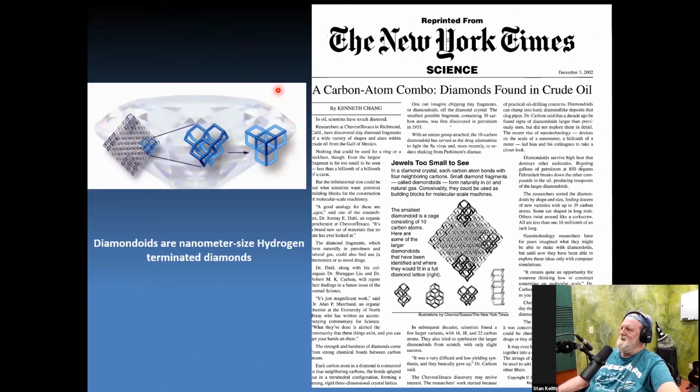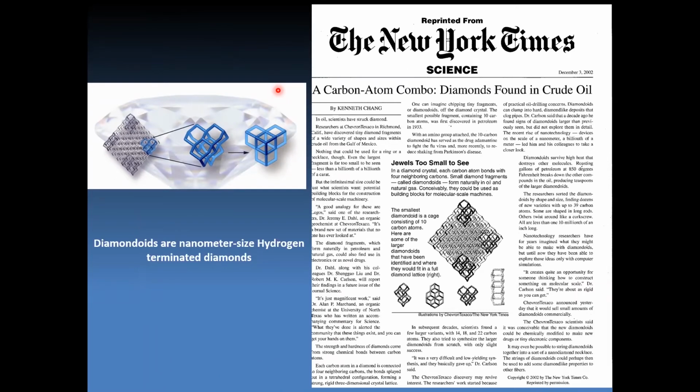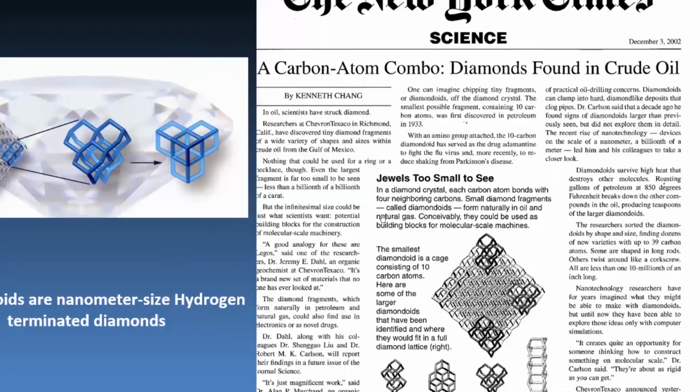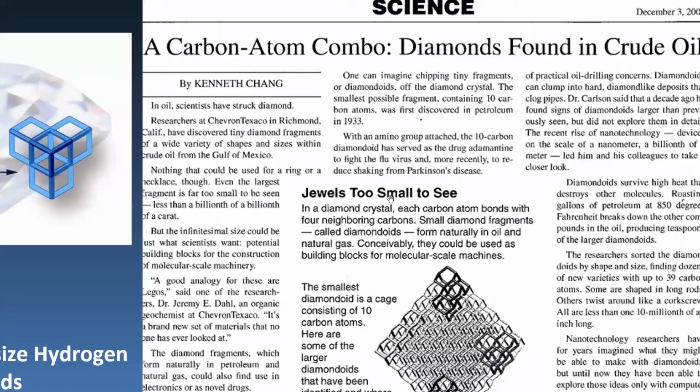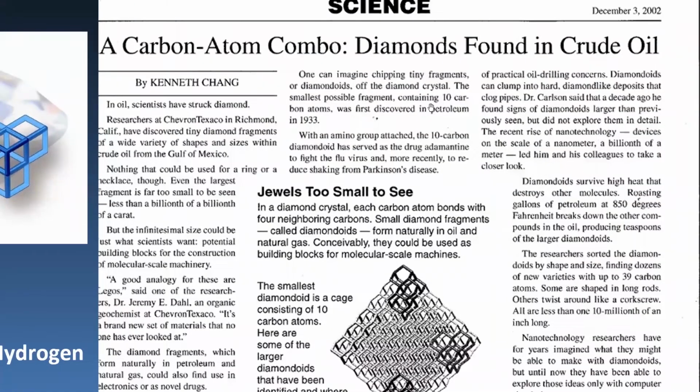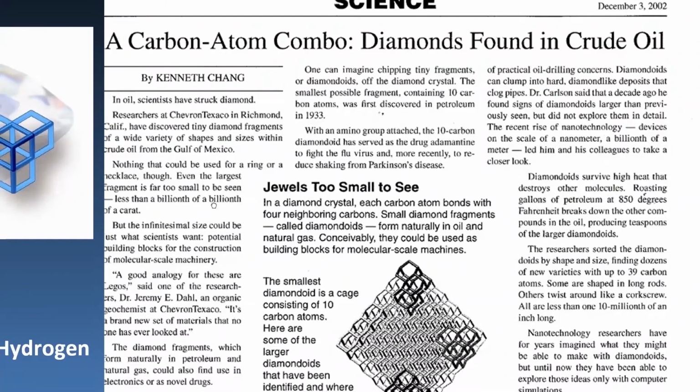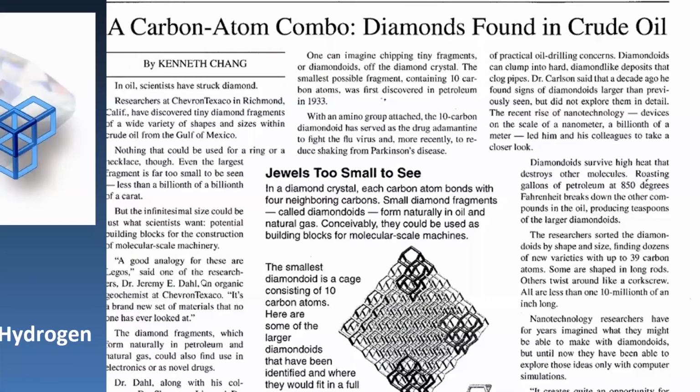So diamondoids have been around for a while. They've been found in crude oil, and as it turns out, all crude oils have them. They were initially found by some Czech geologists working with Czech oils back in the early 1930s, in 1933.